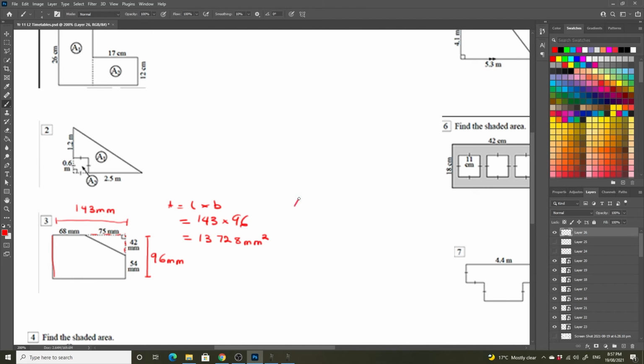Well, the area of a triangle is given by area is equal to half times base times perpendicular height.